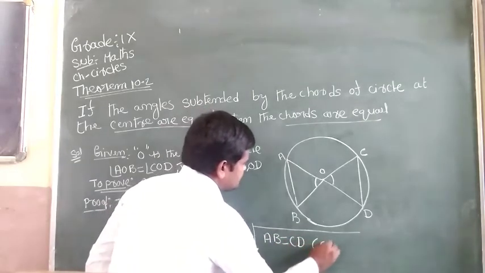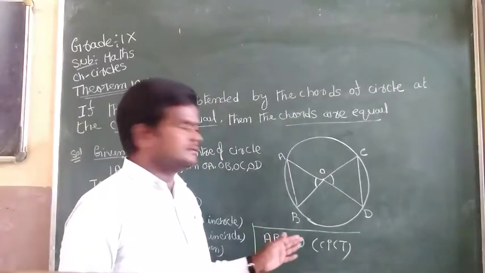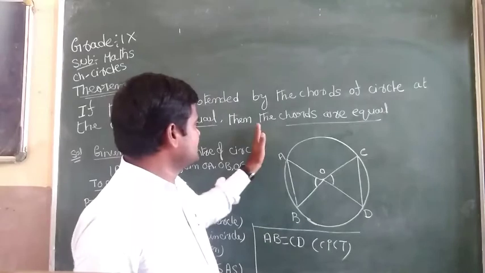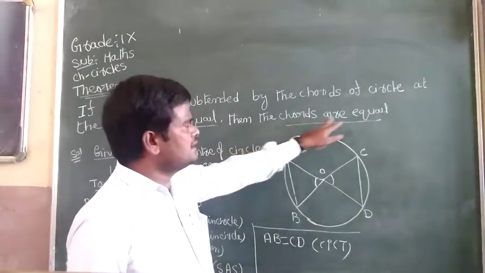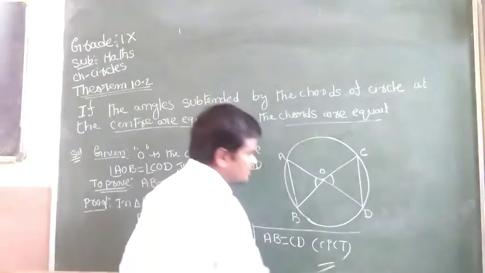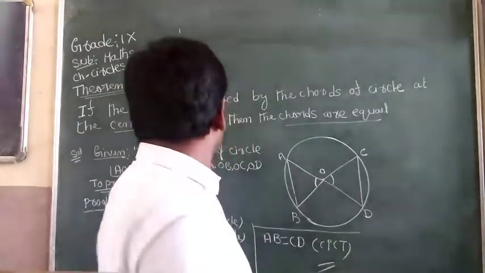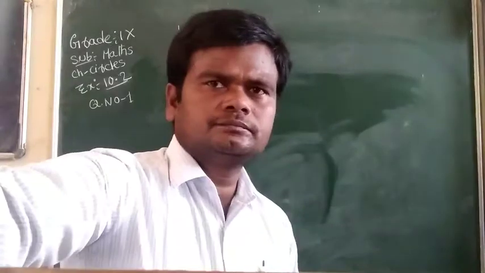What is the reason? CPCT, corresponding parts of congruent triangles. So the chords are equal. AB equals CD. This is the proof of theorem 10.2.